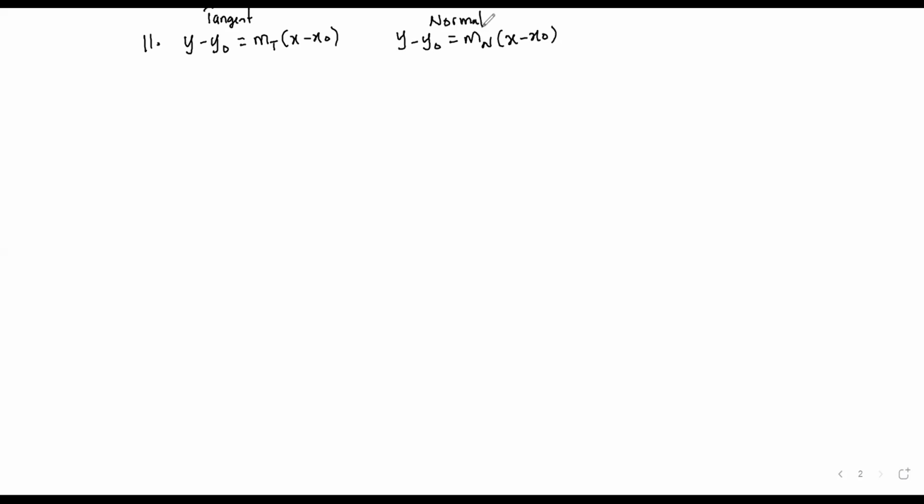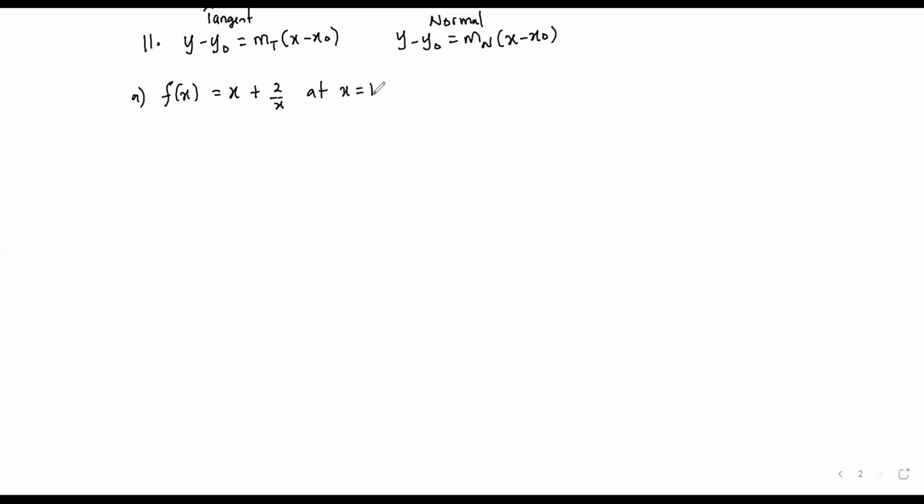Okay. Now, we want to find these two equations of what? So we're given the first function f of x, that is part A. F of x is equal to x plus 2 over x at x is equal to 1.